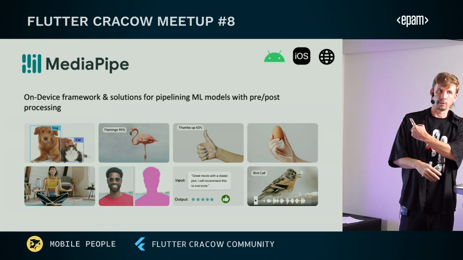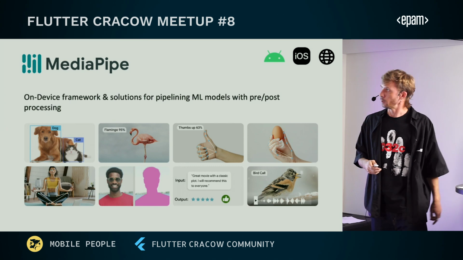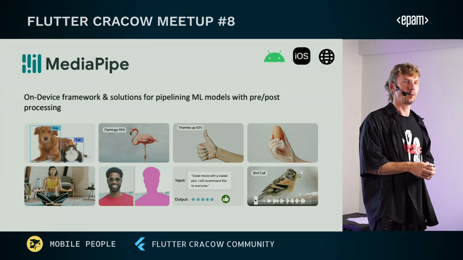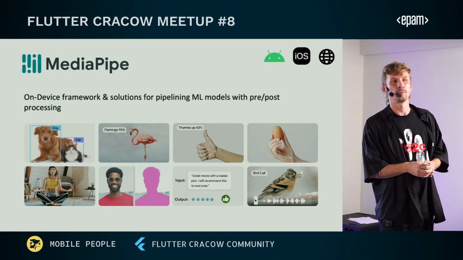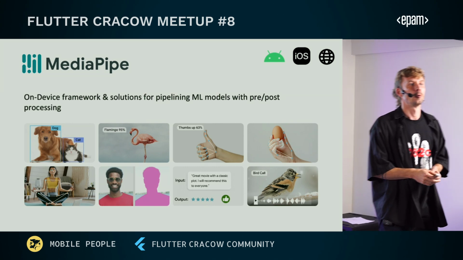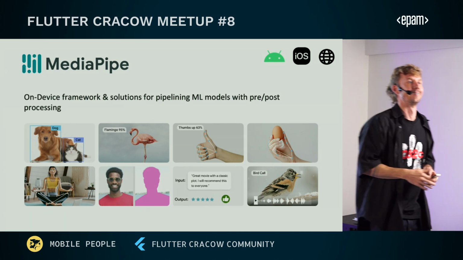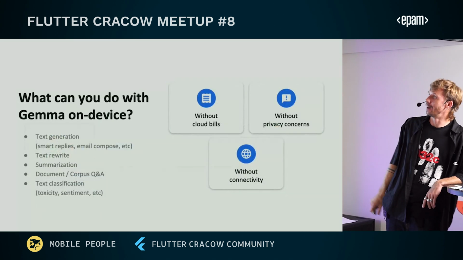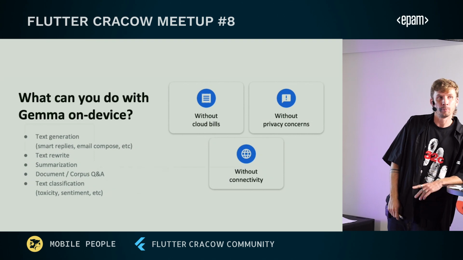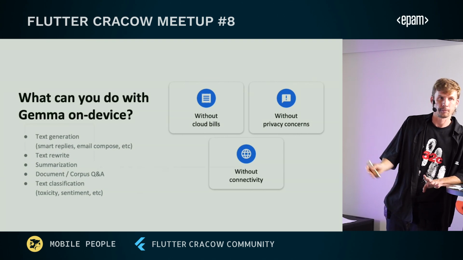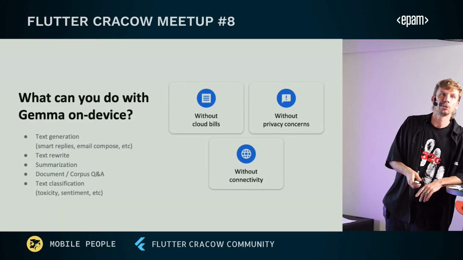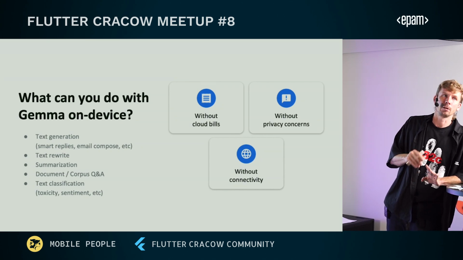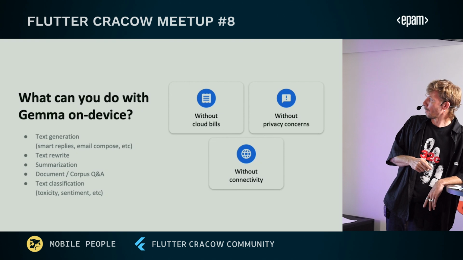Yeah, you see there is no Flutter. They created it only for native developers. Are there any native developers in the room? Yes. Okay. You can use Mediapipe without any additional research, because Mediapipe already has an SDK for you.